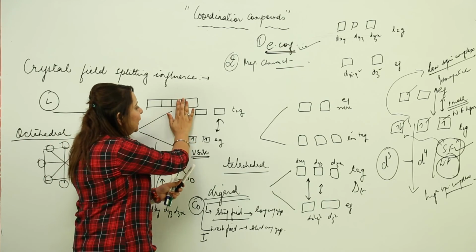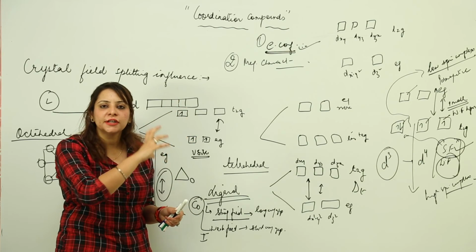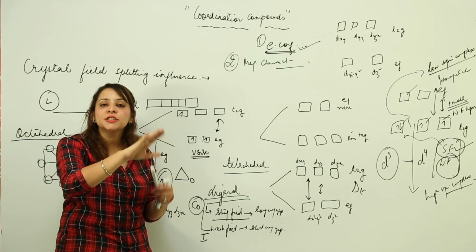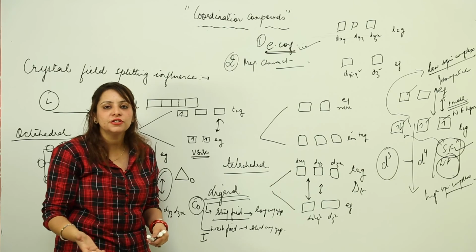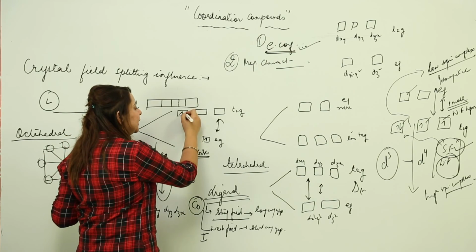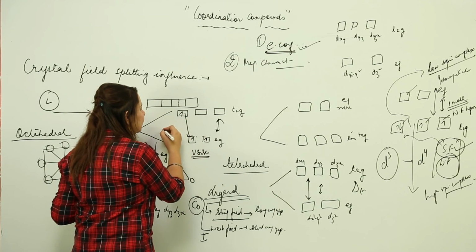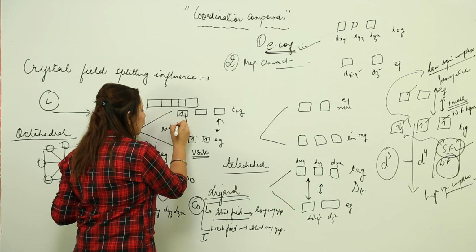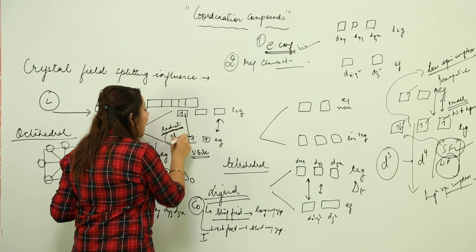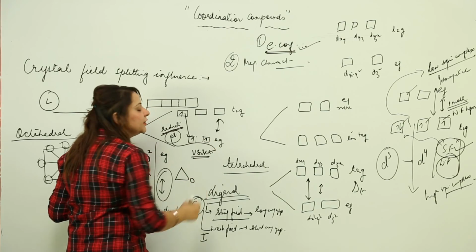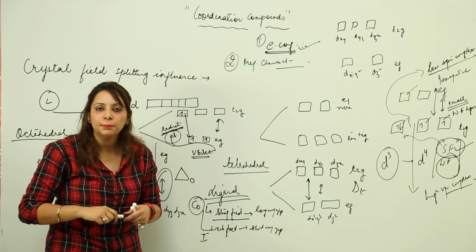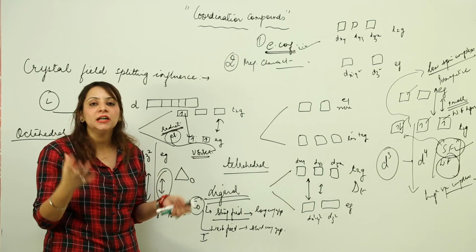The electron will remain in this high energy state for a certain period, and after some time it returns to its original level, and when it returns to its ground level, it emits the energy it had absorbed, and that energy also falls in the visible region. That is why the compounds are colored.